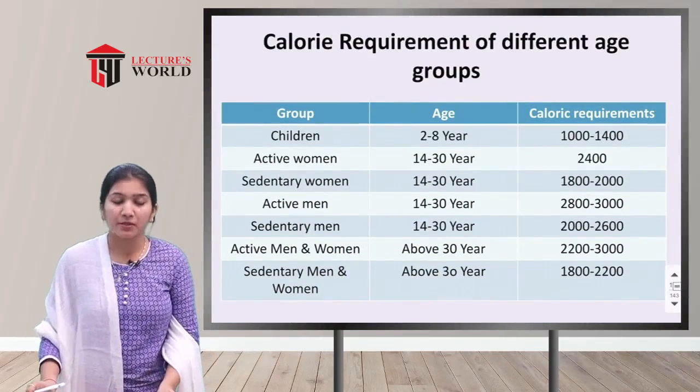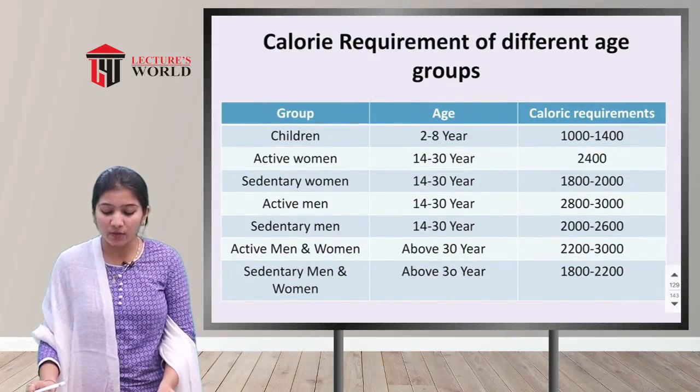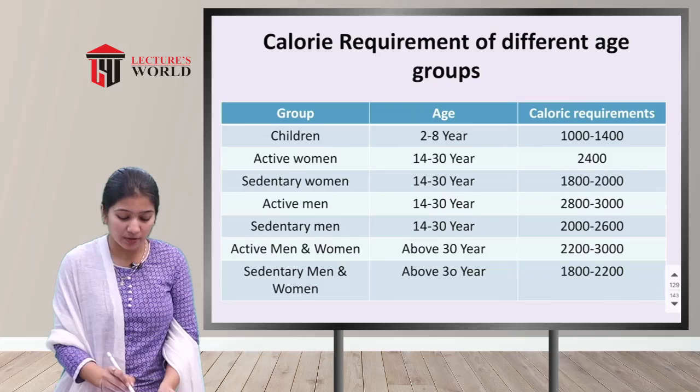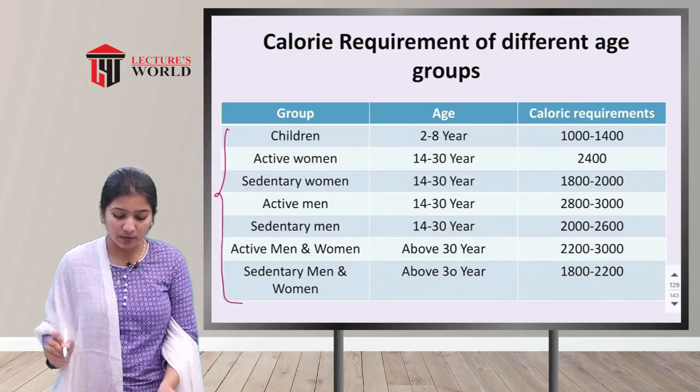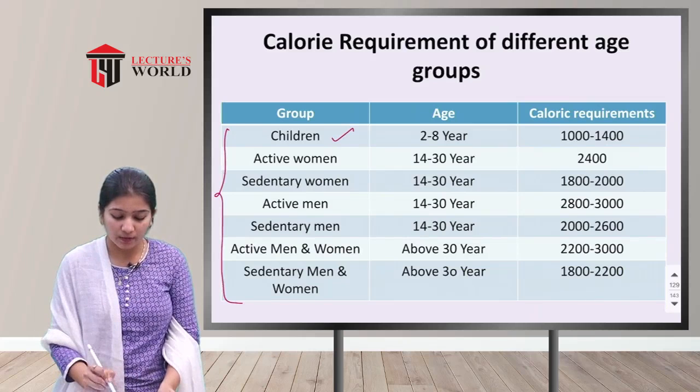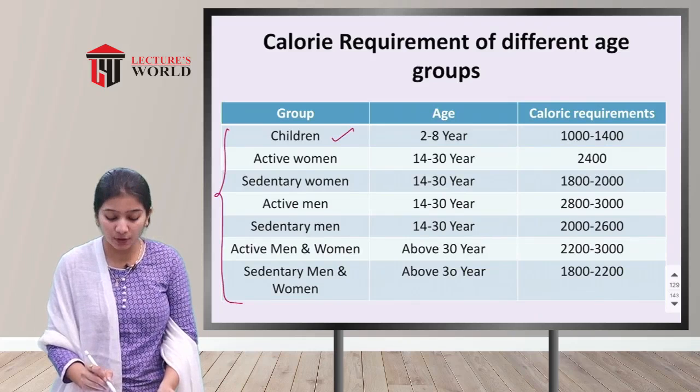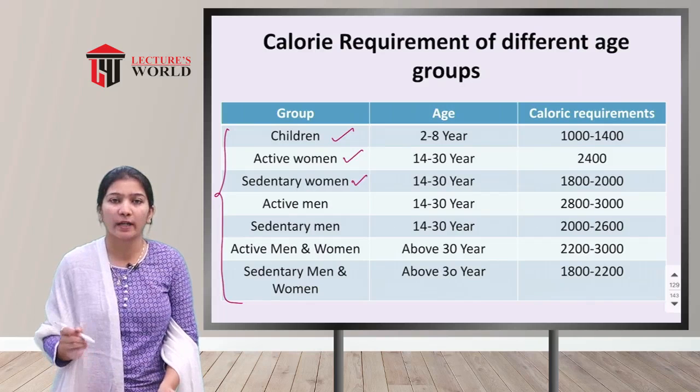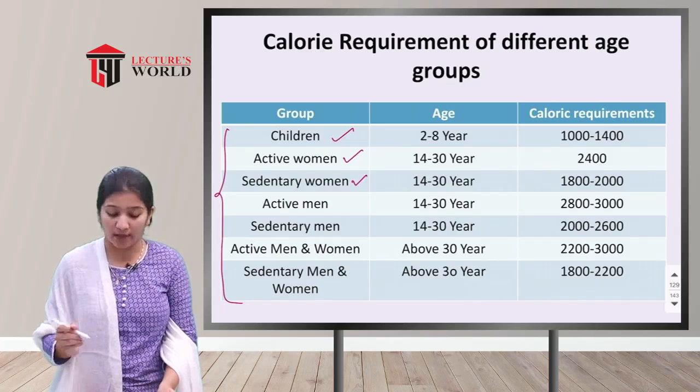Now here they have mentioned the calorie requirements of different age groups. They have mentioned several kinds of groups, like children. Women are classified into 2, those who are active and those who have a sedentary lifestyle, that means no activity or a low level of activity.